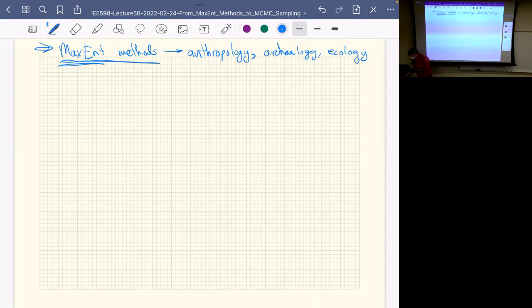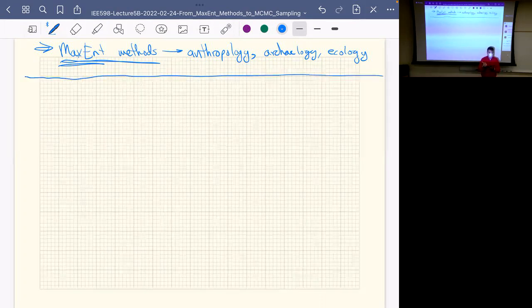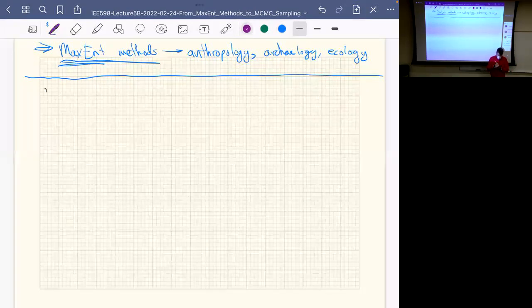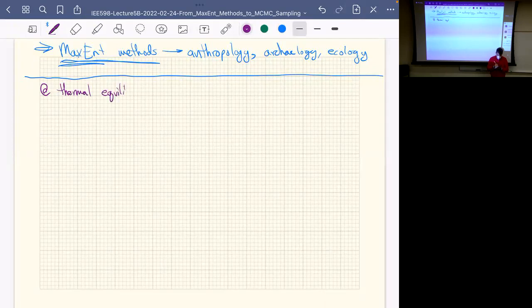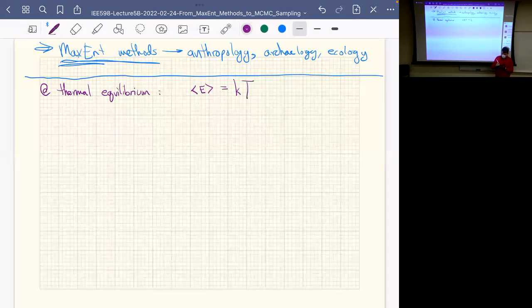Okay, so getting back to the physical simulation process, there is a MaxEnt problem here. I know that I want my system to be moving around at thermal equilibrium. And I have already said that at thermal equilibrium, my average kinetic energy is going to be equal to KT.